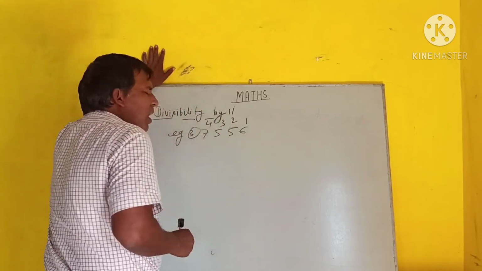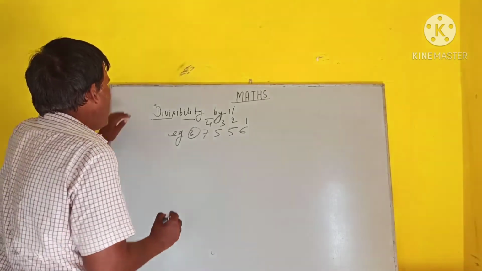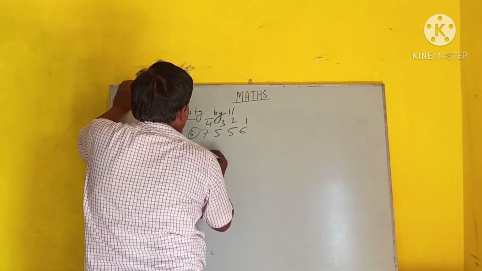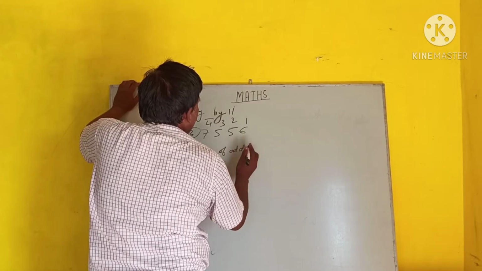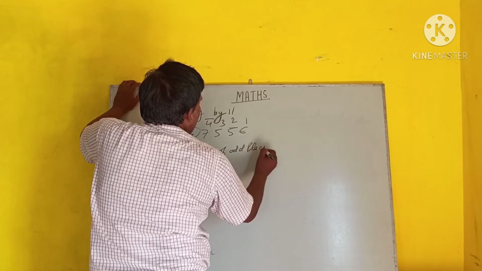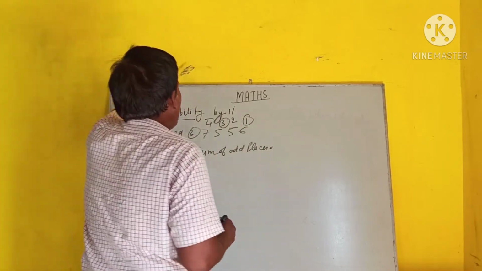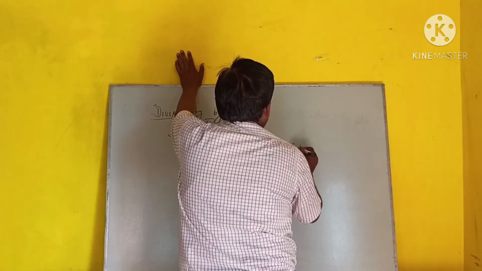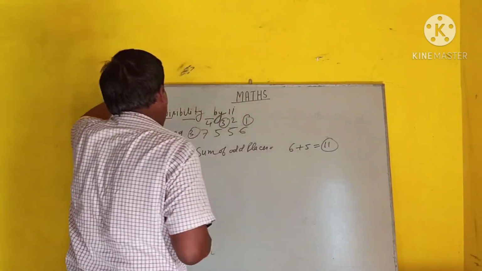Sum of odd places and sum of even places. Sum of odd places: here the odd places are 1 and 3. Place of 1 is 6 and place of 3 is 5. 6 plus 5 is equal to 11.